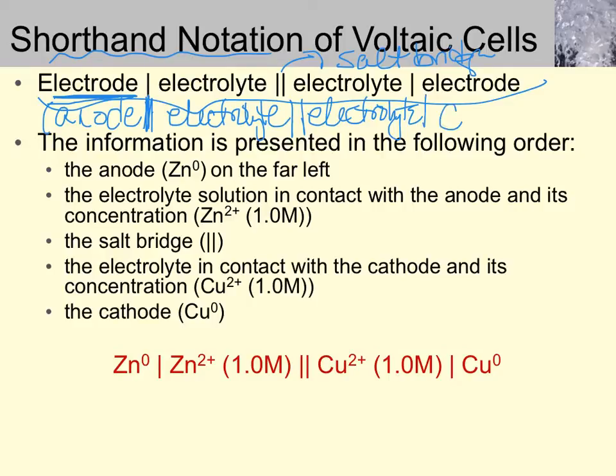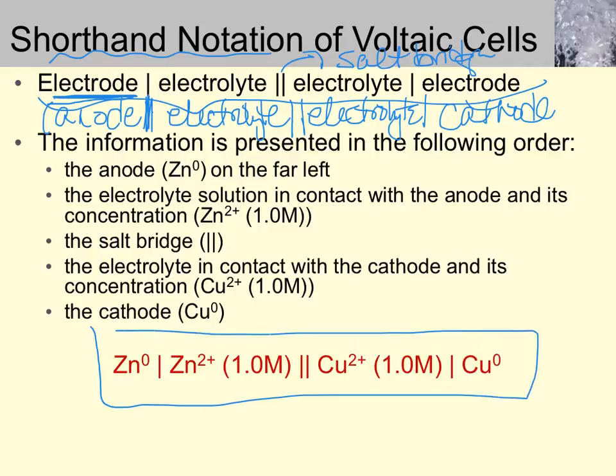And then the cathode itself. So for this reaction that I just went over, here would be the cell notation for that reaction. So we have the anode, the electrolyte with its concentration, the electrolyte in contact with the cathode, and the cathode itself.